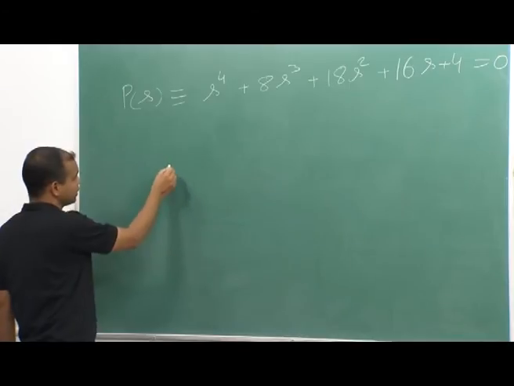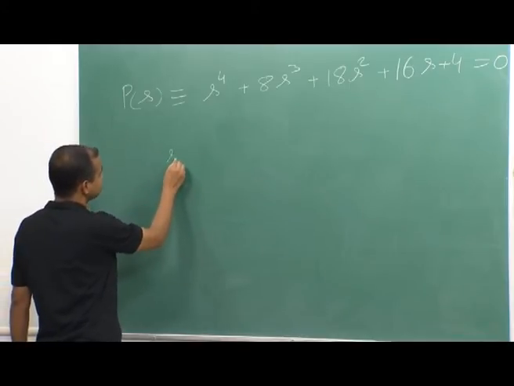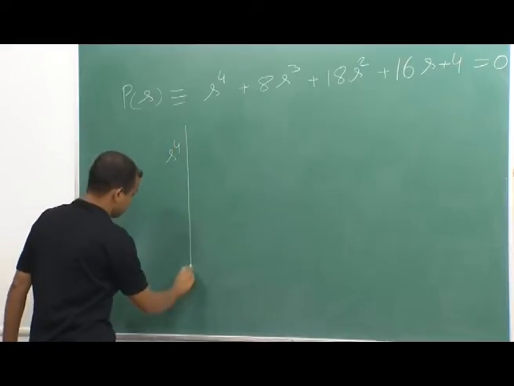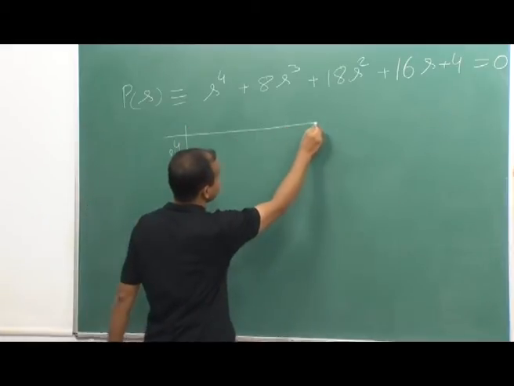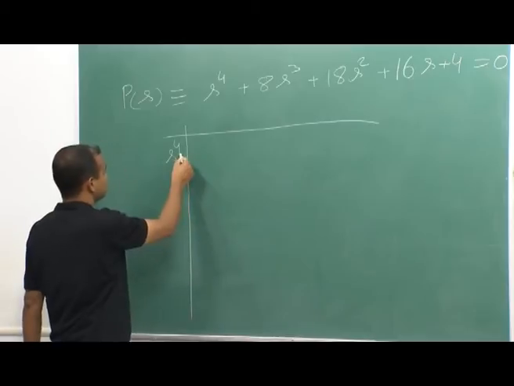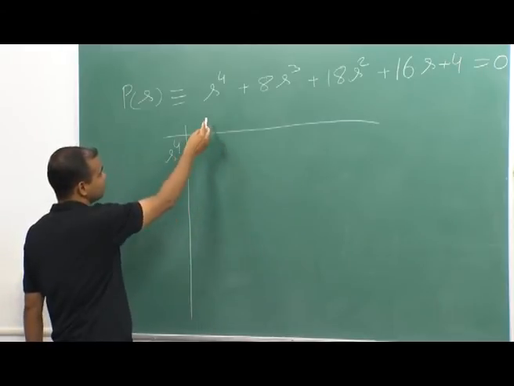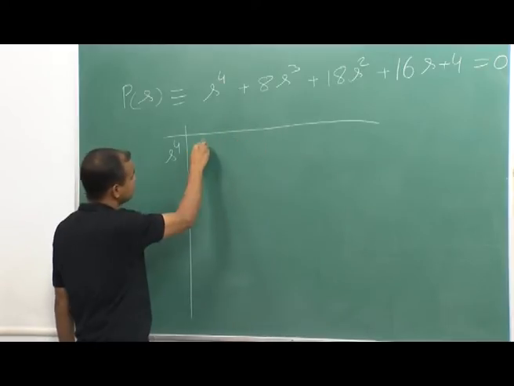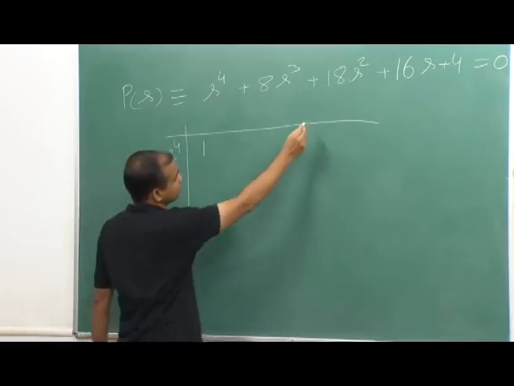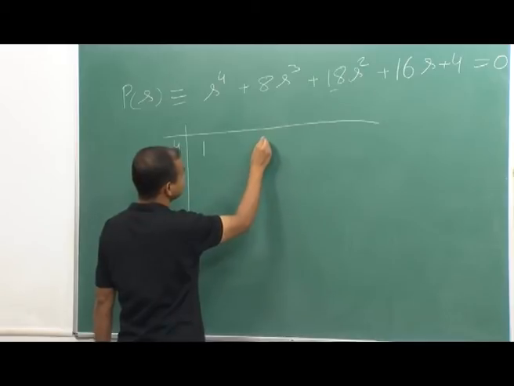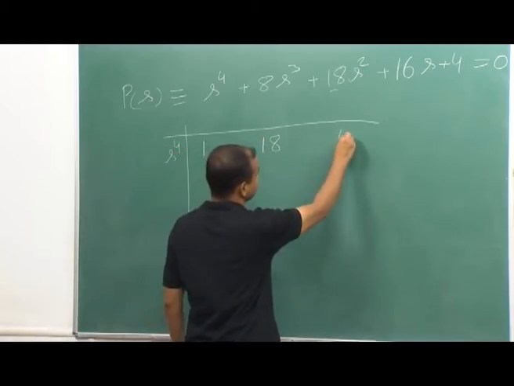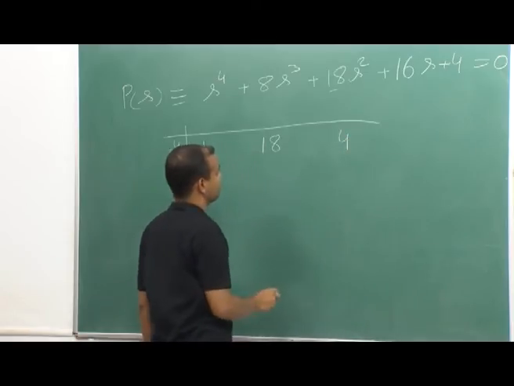So, to construct the Routh array, we write the highest power, s to the power 4, and since this is even, we write all the coefficients having even power of s in descending order. So, coefficient 1, then 18, and then the power s to the power 0, that is 4, the constant term.